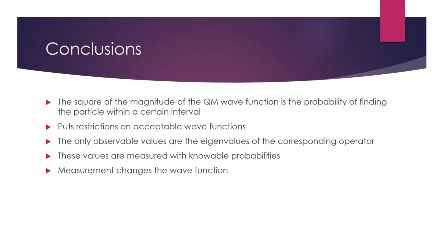Once we have a wave function and we do an experiment on it, the only thing we can actually observe are eigenvalues corresponding to the eigenfunctions of that operator. And we get these values based on probabilities that describe how the wave function is built up of these eigenfunctions. And again, the weirdest thing that we've talked about is that when we do these measurements on experiments, we actually collapse the wave function and change the experiment. And the experiment changes the wave function.